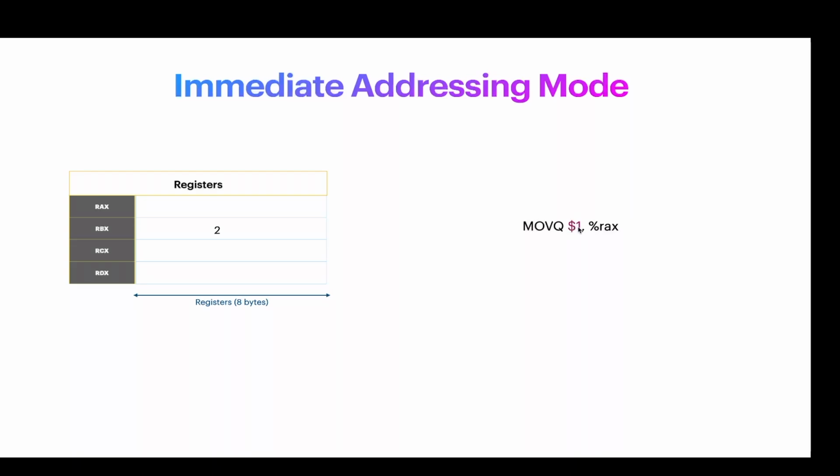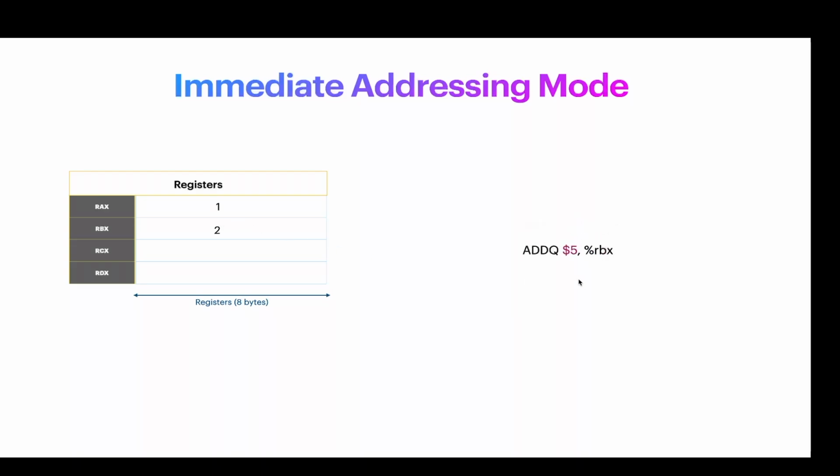So the CPU doesn't have to go to a register or a memory or any other place to access this source data. The number 1 is available as part of the instruction itself. Since it's immediately available as part of the instruction, it's called an immediate addressing mode. So what happens when move $1, RAX is executed? The value 1 is moved to the RAX register.